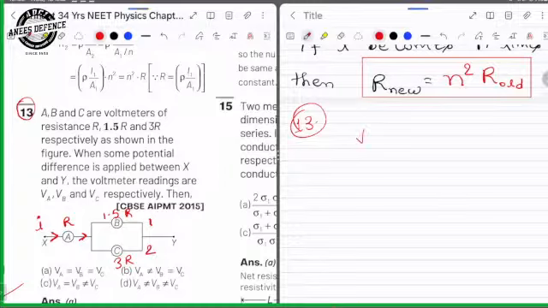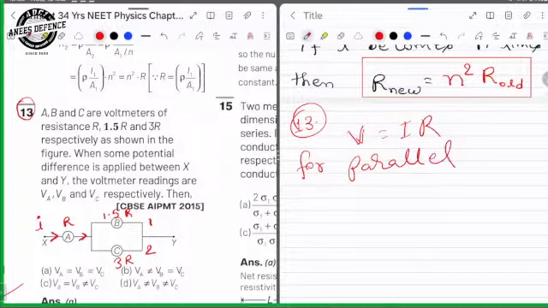Because V is equal to I into R. For parallel, voltage will be constant and current will be distributed. Means this current will go through the above branch and the lower branch. Yes or no? Current will move.